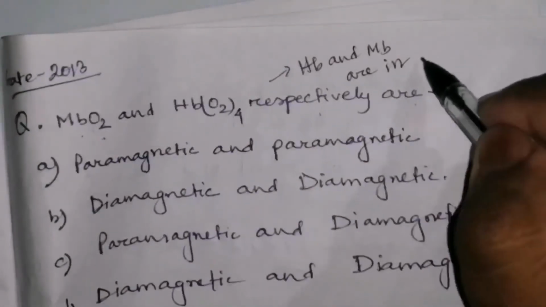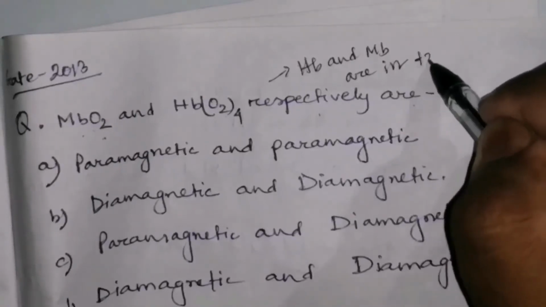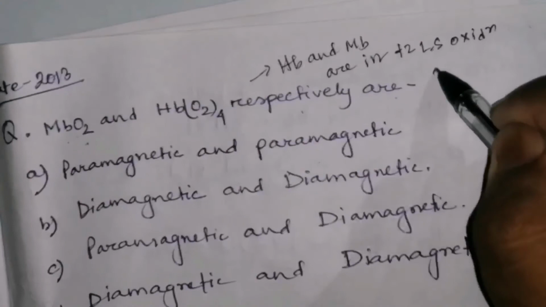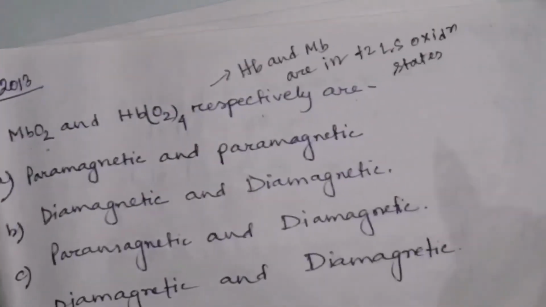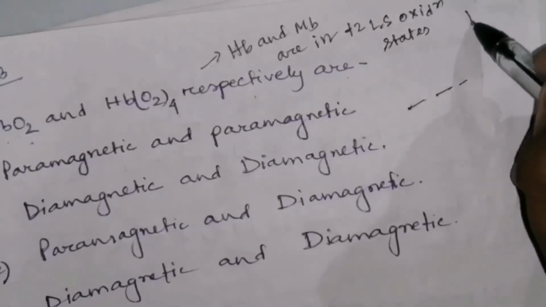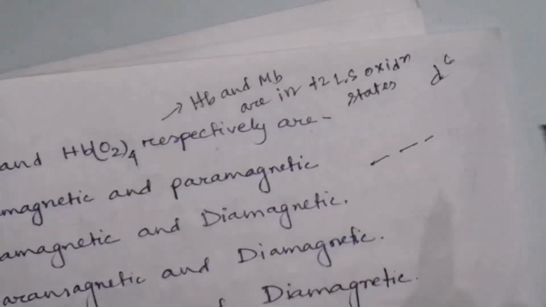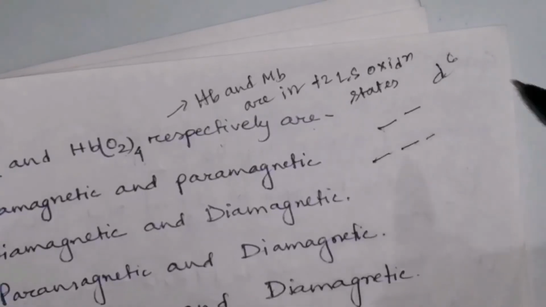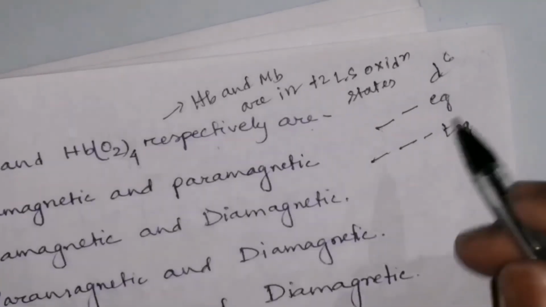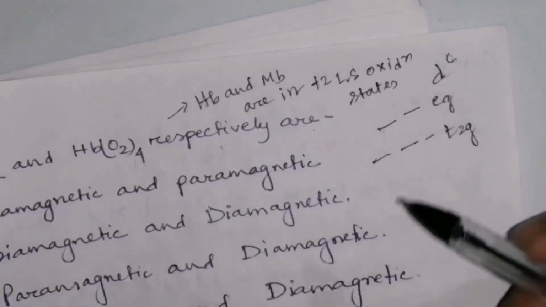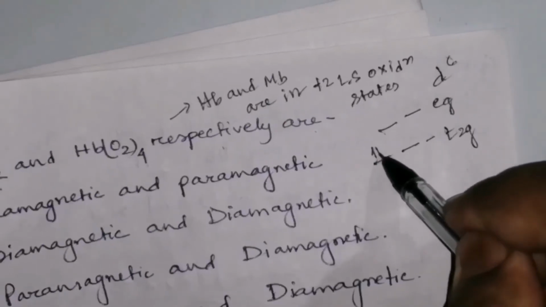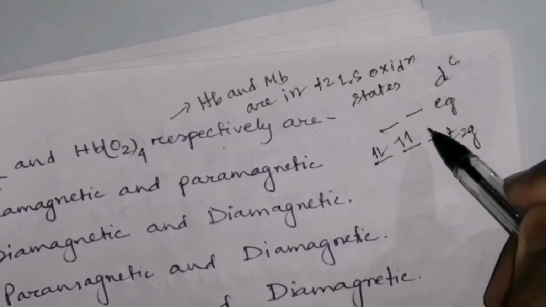Are in +2 low spin oxidation states. So they will have d6 electrons, and if we introduce all the electrons in the respective orbitals, we will see that pairing of electrons will take place.